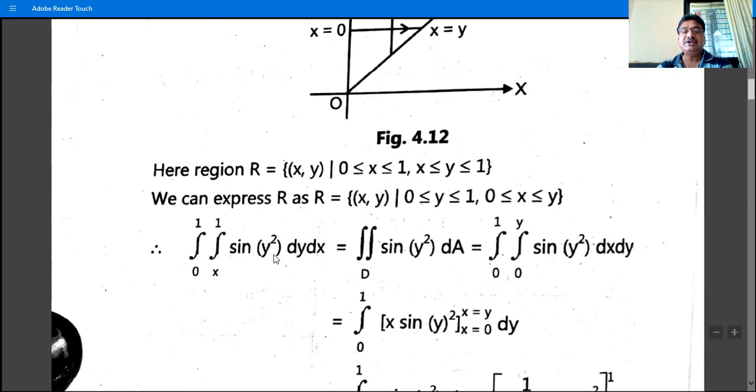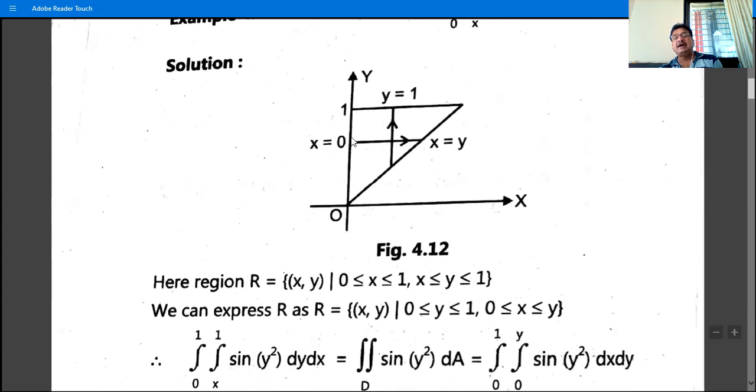So if you have to change the order, suppose here the order is first with respect to y and then with respect to x. When we have to change the order, we have to integrate with respect to x first and then with respect to y. In order to integrate with respect to x first, take a strip parallel to the x-axis.